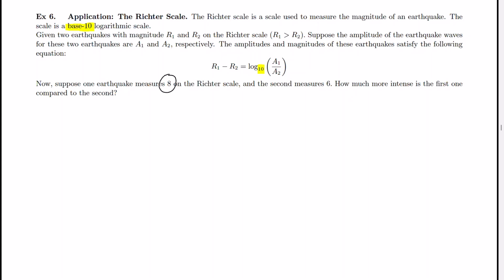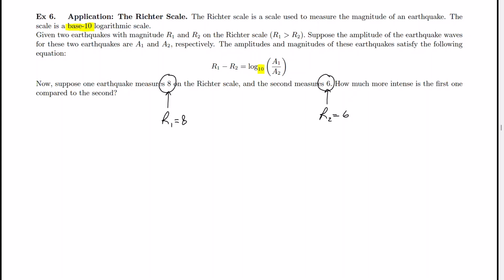We're told that one earthquake measures 8 on the Richter scale, so that means the magnitude of the first earthquake is 8. And the second one measures 6 on the Richter scale. How much more intense is the first one compared to the second one? So figure out what A1 is and what A2 is in terms of each other.